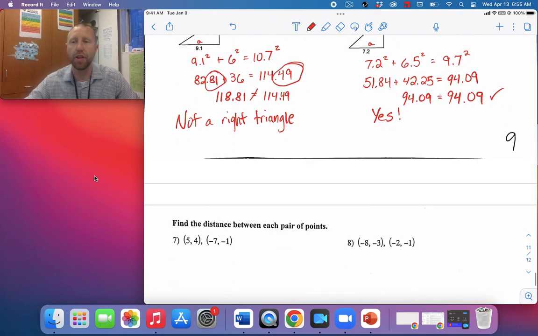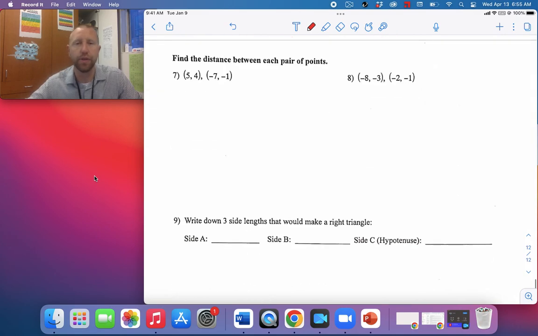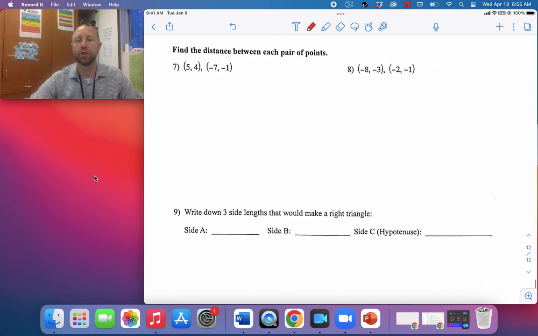All right, on the next page of our review, now we're going to switch gears just for a second and use the distance formula. Remember, the distance formula is derived from the Pythagorean theorem, so it's still covering the same thing. It's just a different way to use it. So I've got these ordered pairs. I'm just going to label them real quick.